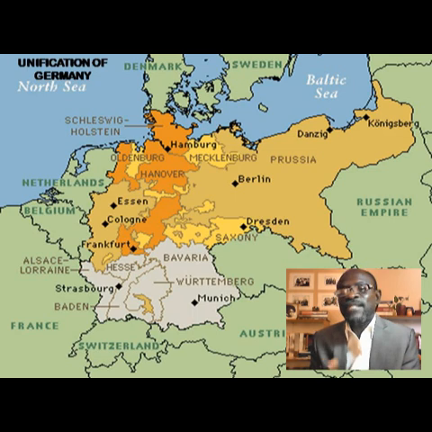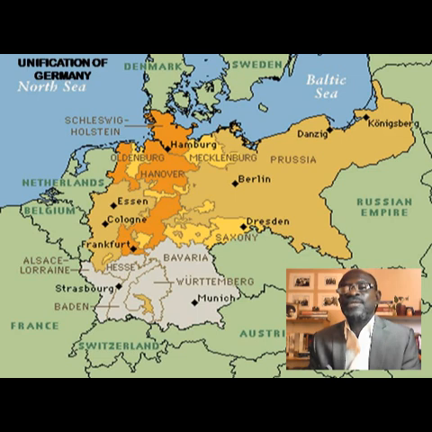But we also established the fact that in attempting to create Germany, in attempting to unify all the Germanic states into one nation, there were certain challenges that stood before Bismarck.